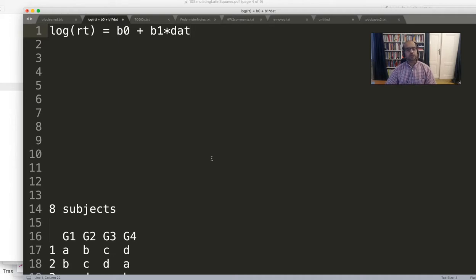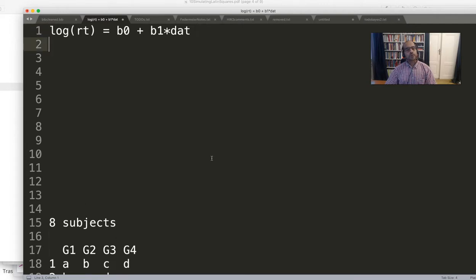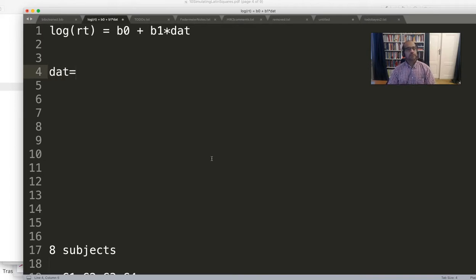So I fit this model on the log millisecond scale. Now, if I want to know what is the mean reading time from the model on the millisecond scale, what's the mean reading time on the millisecond scale for dative coded as plus 0.5?